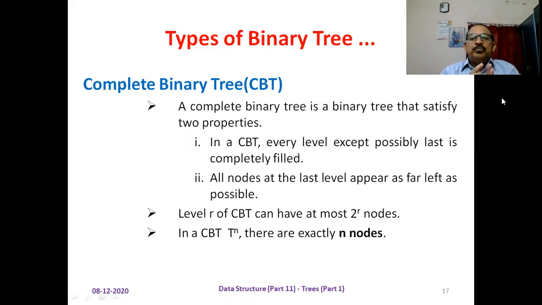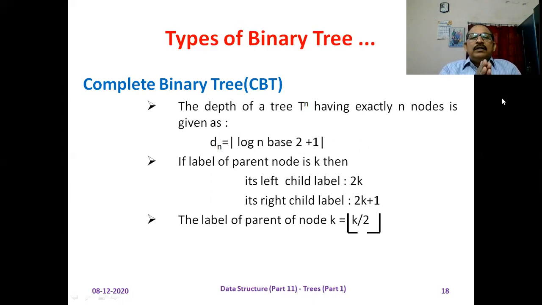Next, in a complete binary tree, Tn means a complete binary tree having exactly n nodes. The depth of a complete binary tree having exactly n nodes is given as Dn equals floor of log n base 2, plus 1.